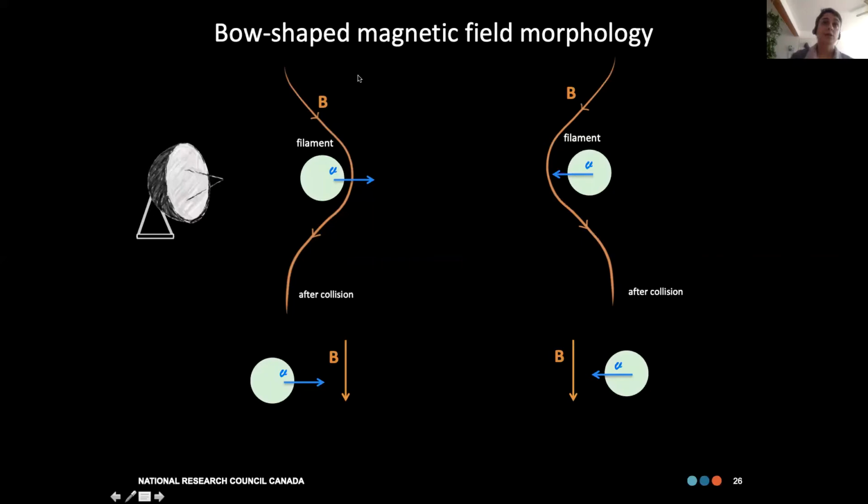And if the initial magnetic field of the region is pointing from the top of the page down, we would expect the direction to be somewhat conserved. We would expect that the magnetic field at the top side would point away from us, and at the bottom side in the concave pattern would point toward us, and in the convex pattern it would be the opposite.